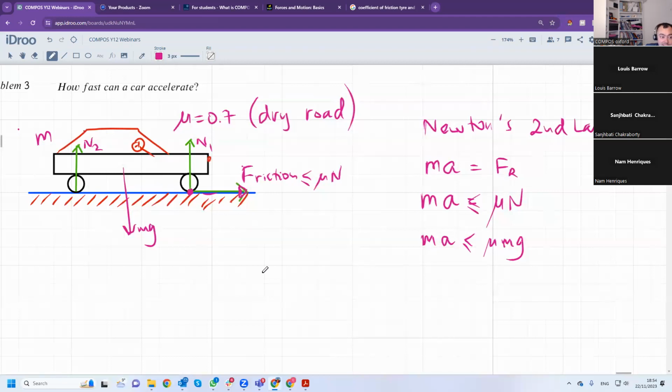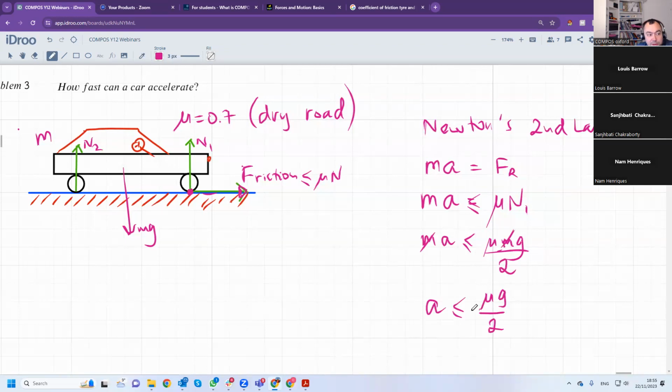For simplicity, let's assume N1, because the back wheel does not contribute to accelerating the car forward. The car is front wheel drive. Therefore, it's mu N1, so it's mu mg over 2. Right, m cancels out, so the acceleration of the car is less than or equal to mu g over 2.